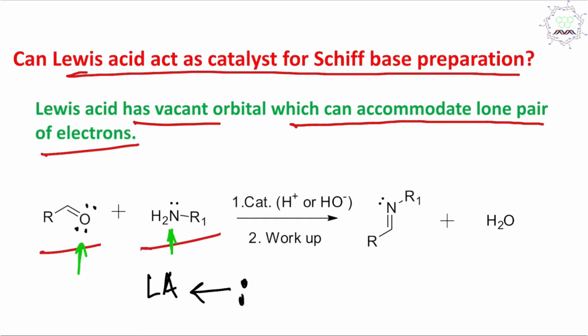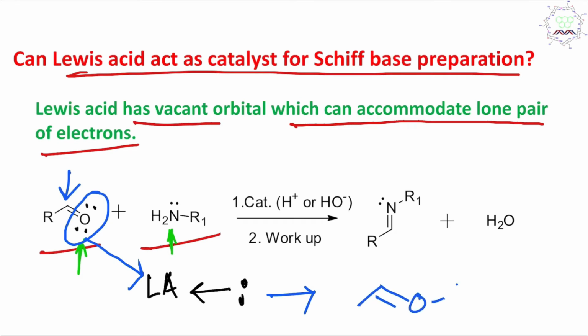But if this lone pair of electrons from oxygen and the Lewis acid make an adduct, then what will happen? There will be electron deficiency on oxygen. Consequently, the electron deficiency of the carbon will increase. Now, if we present this in a relatively better way, this is O, this is Lewis acid, and after donation there will be a formal negative charge on the Lewis acid and a formal positive charge on oxygen, and through a canonical, meaning resonance, structure, you can represent this so that it comes here.